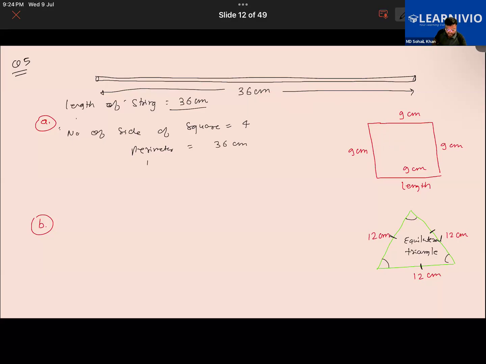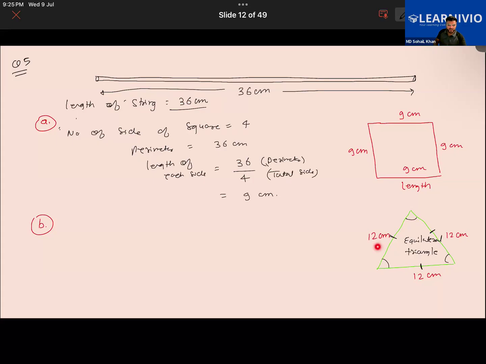Then the length of each side will be perimeter divided by total sides, that is 36 divided by 4, and hence that's equal to 9 centimeter.